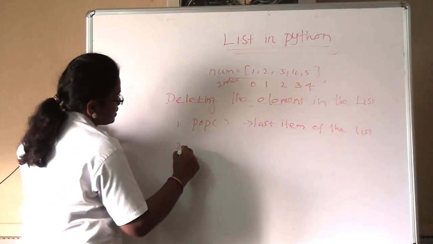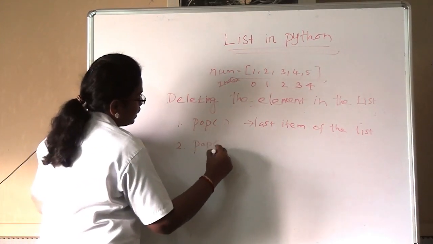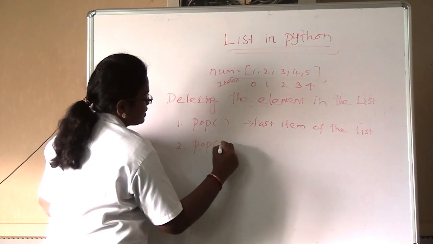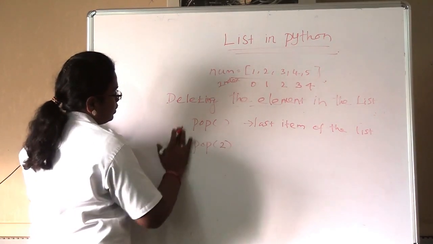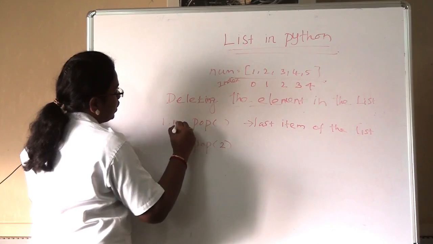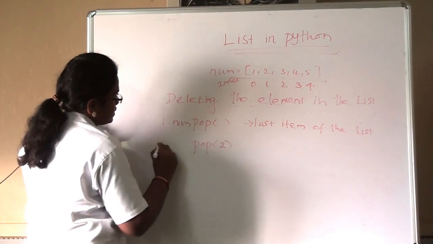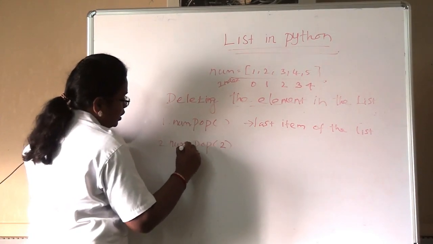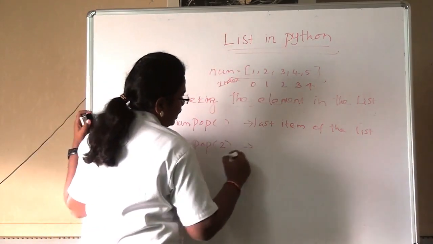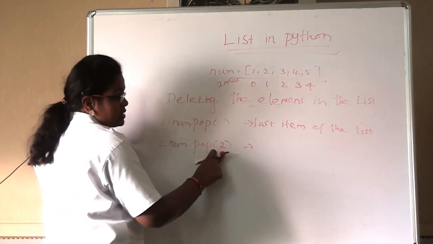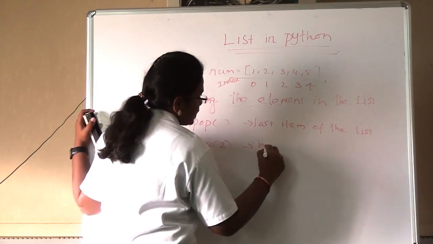Okay, the next way is pop of a particular index. For example, 2. Num dot pop of, and then the second method is num dot pop 2. It will remove the element at the particular index position.